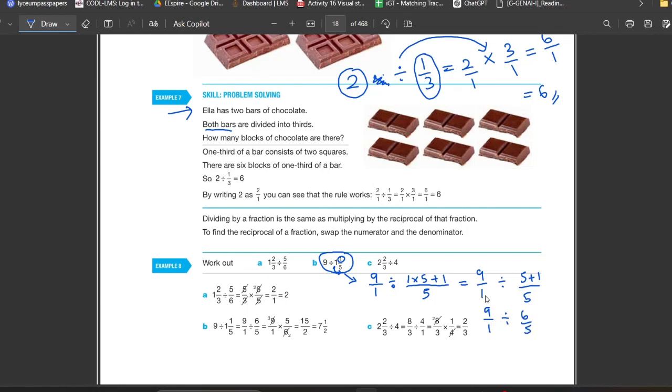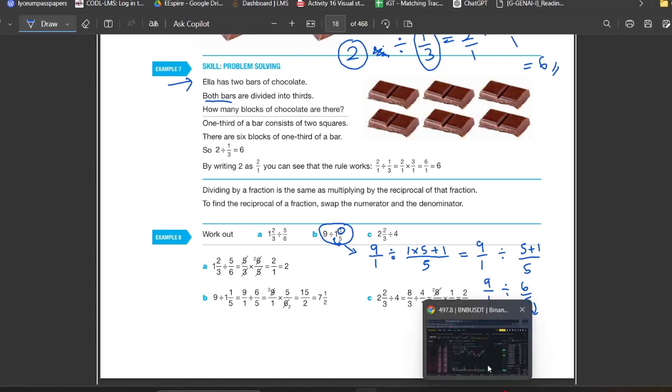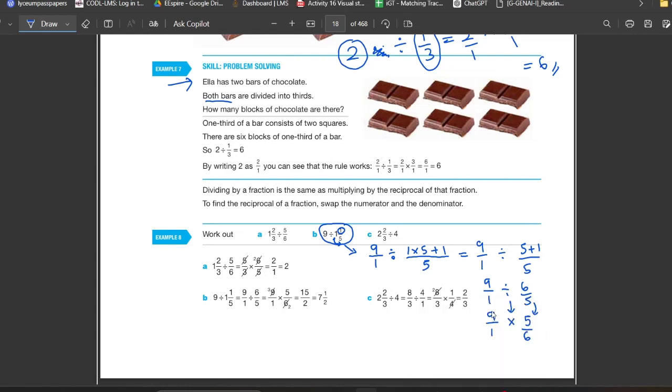Now the usual steps of division. We don't change this first fraction, change the sign into multiplication and take the reciprocal of this one. Reciprocal means we have to turn it upside down. I hope that's clear.